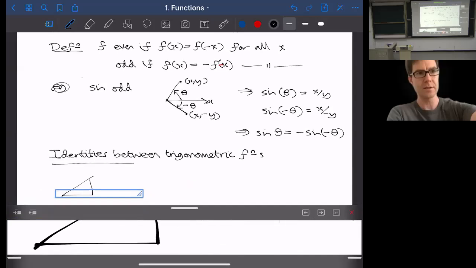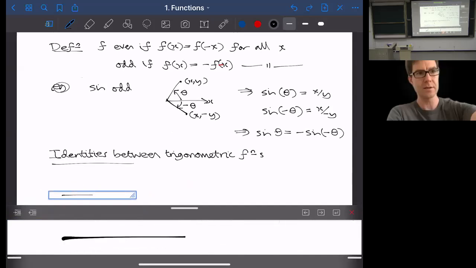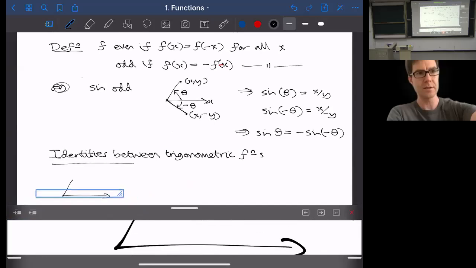So for instance, if I have a triangle, or better, I have an angle theta in standard position.